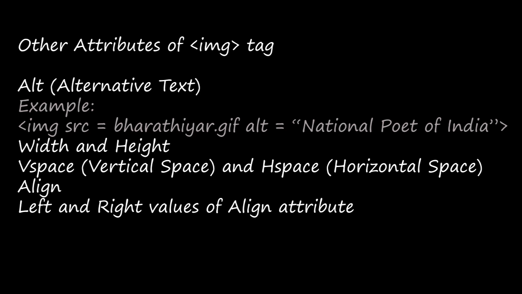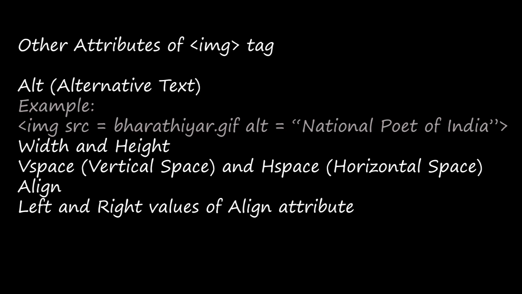This alt attribute comes within the image tag only, and here you describe the image, so that text is conveyed even when the image is not displayed, for example if the image format is not supported by the browser. That particular text will be displayed there.